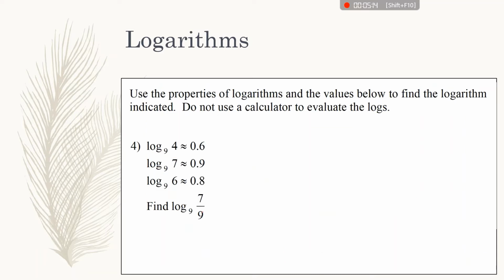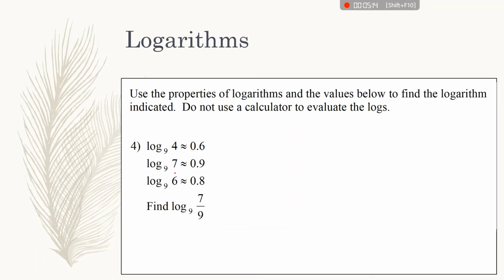Same idea here, only this time I can't directly substitute, so I'm going to factor this 7 over 9 first. So this is log base 9 of 7 over 3 times 3. And I'm going to see if there's any numbers that I can multiply both the top and the bottom by in order to either get 4, 7, 6, or 9. Okay, so I've got a 9 here.